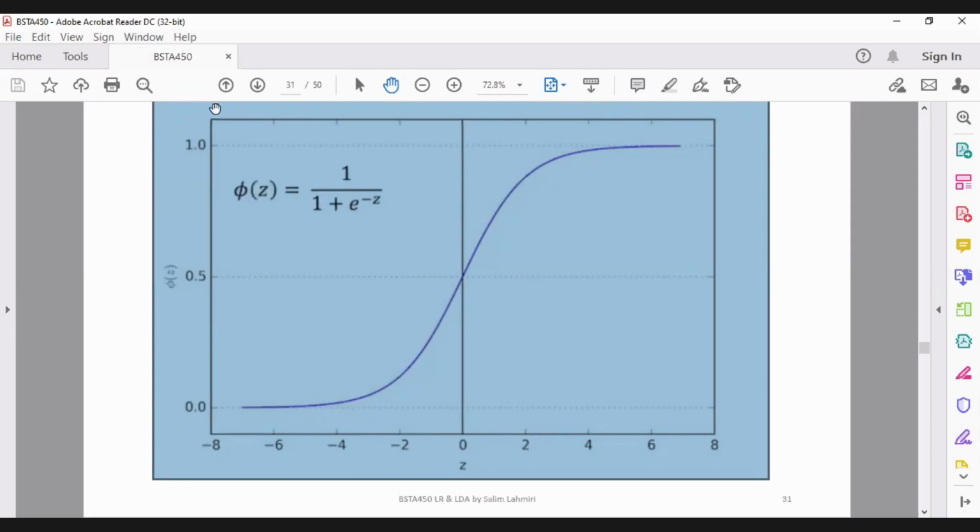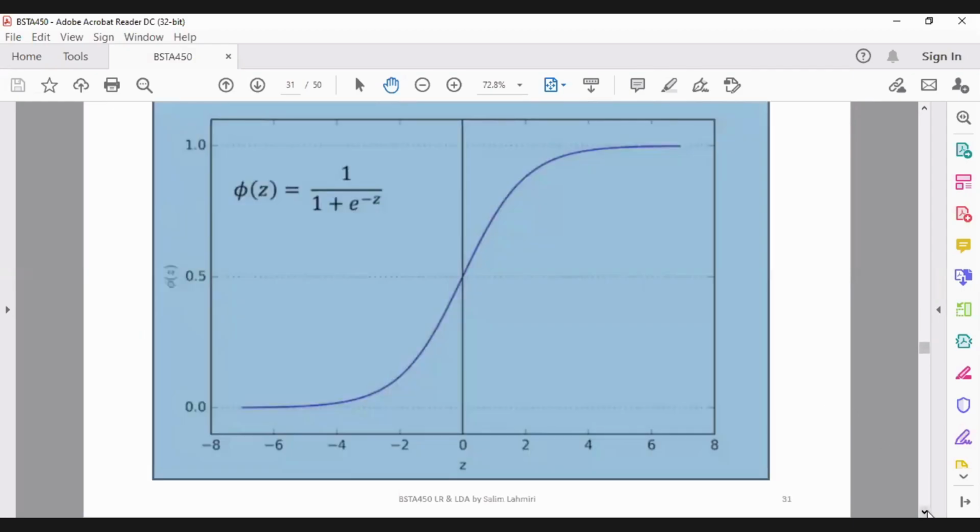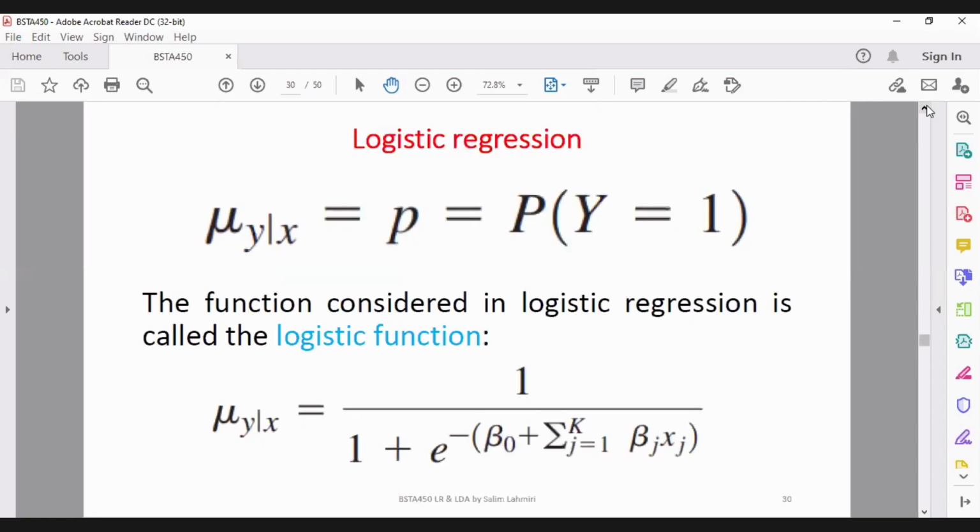By setting this as the main equation for regression, this expression is equivalent to this one, exactly the same one. So by using logistic regression, defined as this quantity, you can assure that the probability of y equal to 1 is between 0 and 1.